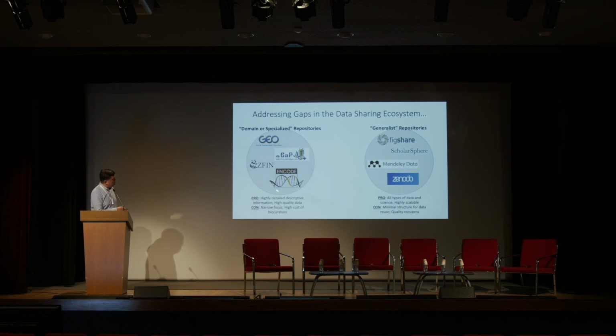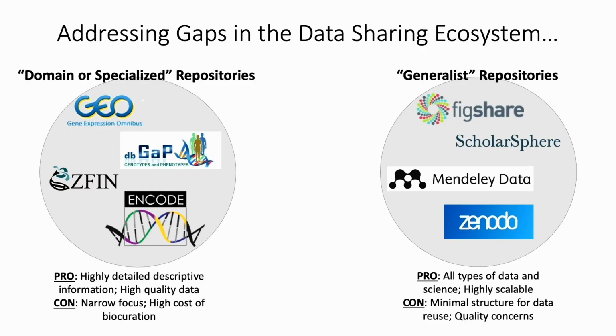So we all use these data sources. But the focus is quite narrow, and the cost for curation is pretty high. And then you have these very generalized data resources, where all types of data are being shared, and there is less quality control.